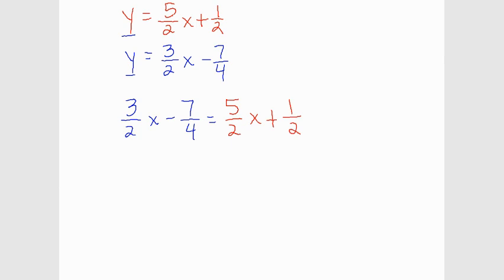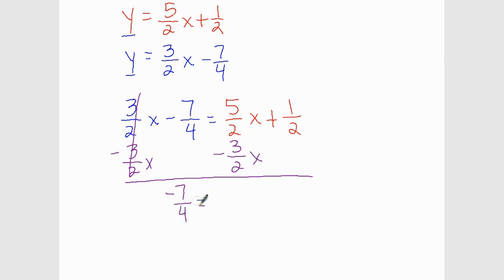So let's go ahead. I'm going to start by subtracting 3 halves x from both sides. This will cancel. And I'm just left with negative 7/4 on the left side. I get 5 halves minus 3 halves, fractions with a common denominator. That's great. So that's 2 halves, or just x.